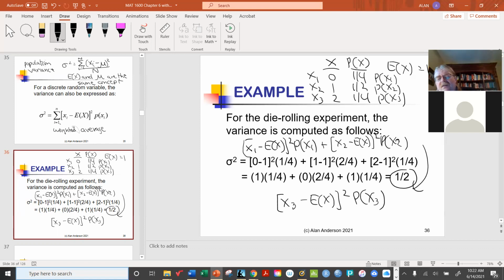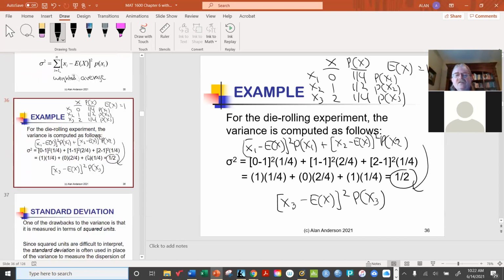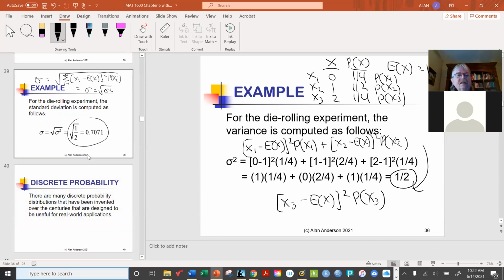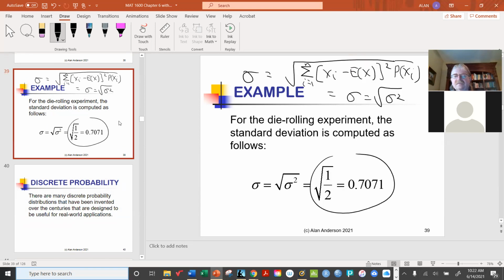In every single case, the standard deviation means the square root of the variance. So the square root of 1/2, whatever that is, is going to be our final result when we calculate the standard deviation. So there it is.